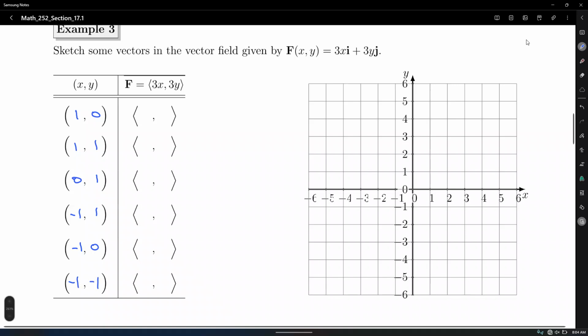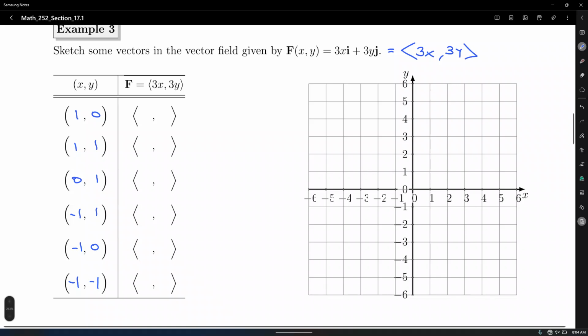In this case, I believe it's going to be a lot easier to compute the vectors related to each of the ordered pairs, because the x component of the vector is related to the x coordinate of the ordered pair, while the y component of the vector is related to the y coordinate. So it's not going to be reversed like in the previous example.